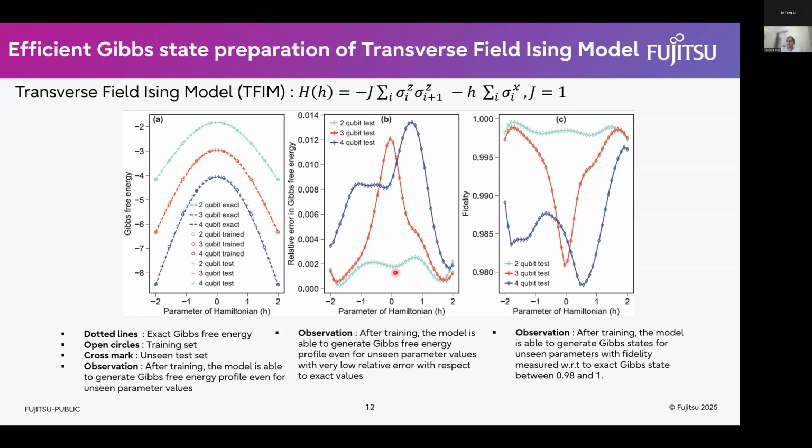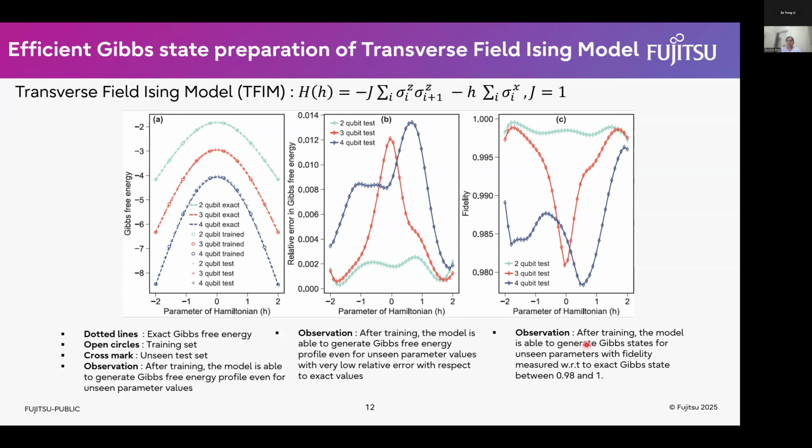And when we look at the fidelity, measured between the exact Gibbs state and the Gibbs state obtained from the meta-trained ansatz, we observe that the fidelity lies between 0.98 and 1.